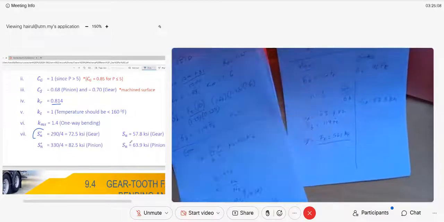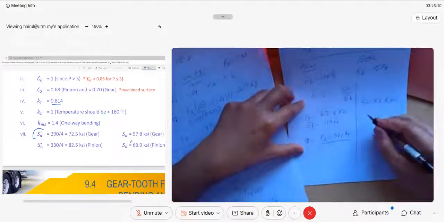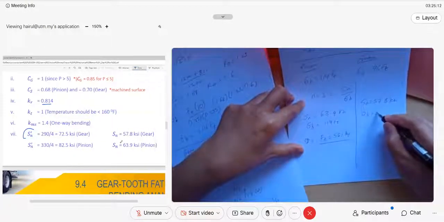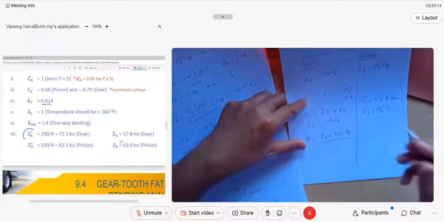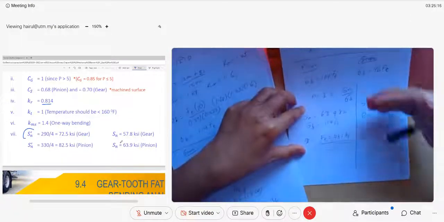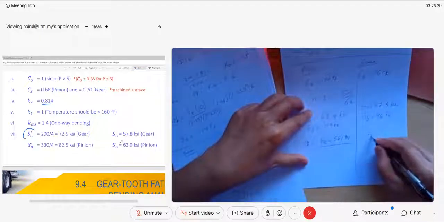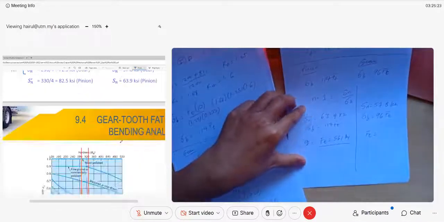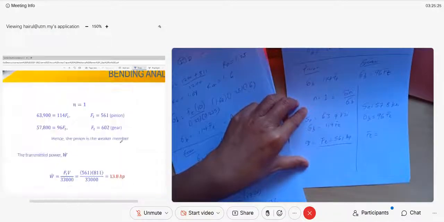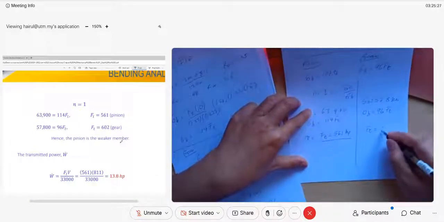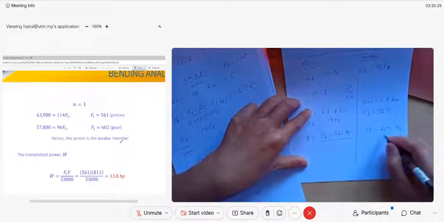The sigma bending for the gear is 96 F tangent, and the only variable is F tangent. So bending equals endurance limit, that's the maximum. So F tangent for the gear is 602 pound force.